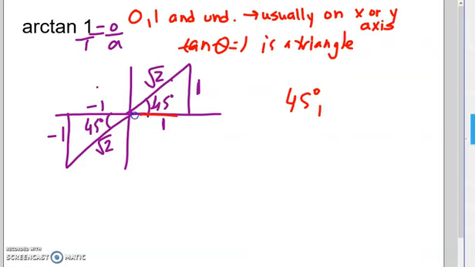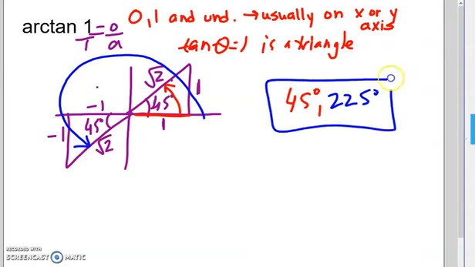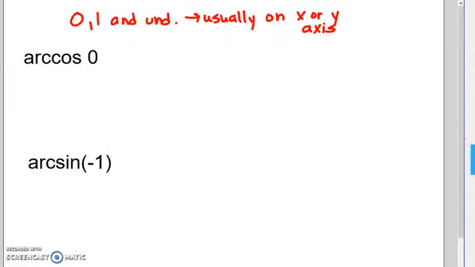So we're going from our starting point up there. That's the easy one. And then if we go all the way around to here, that's 180 plus 45, and so I get 225 degrees. Okay, so that's my final answer for that.